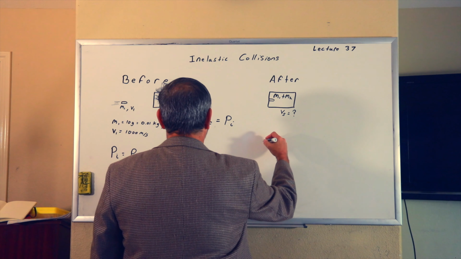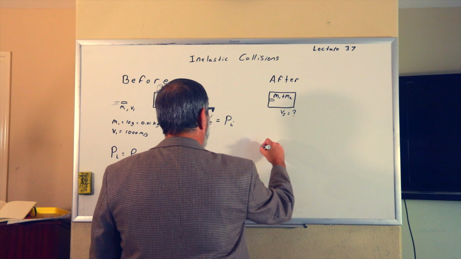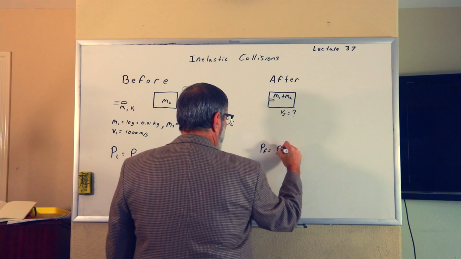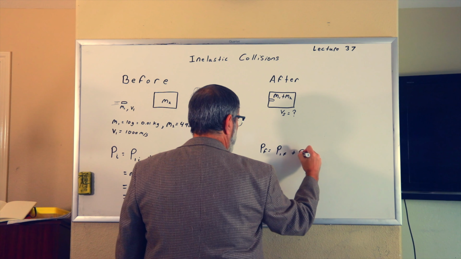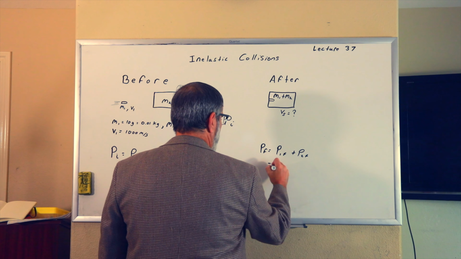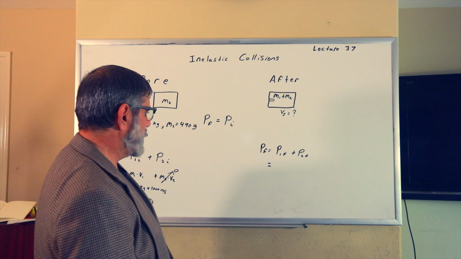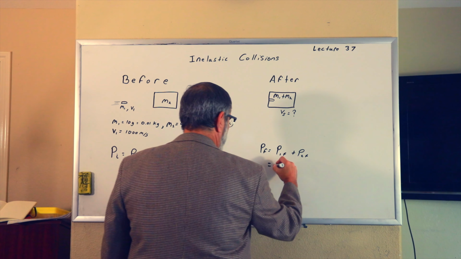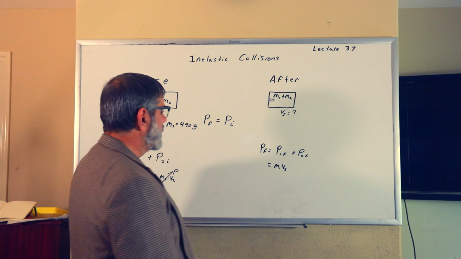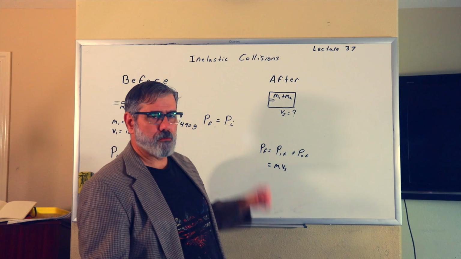Afterwards, what do we have? Well, P final is going to be P1 final plus P2 final. They both have the same velocity, V sub S, because they're moving together.